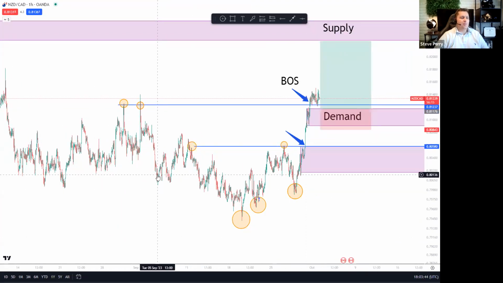A lot of people ask me, why don't you use indicators? When I first started trading 11 years ago, it was really common to use indicators. Indicators were the way to trade.